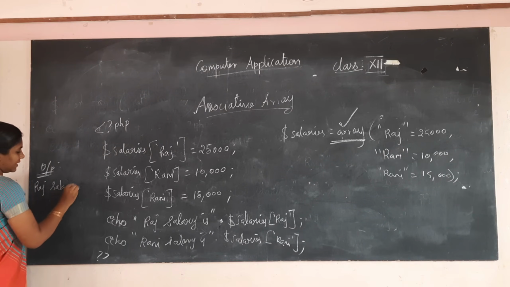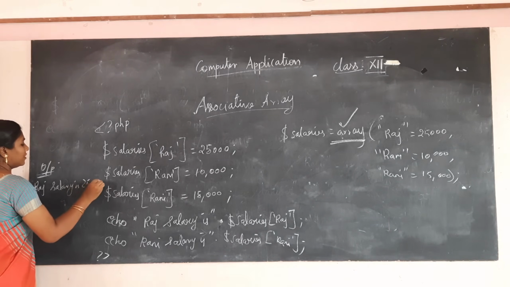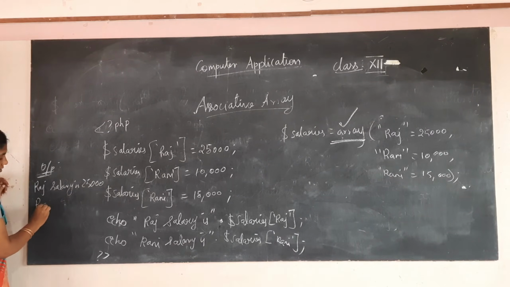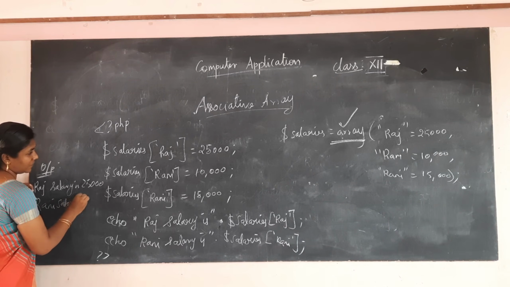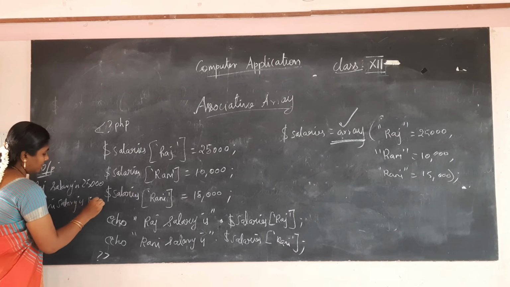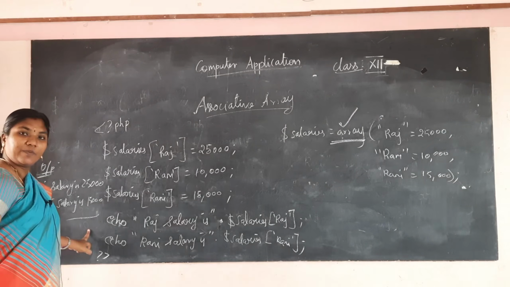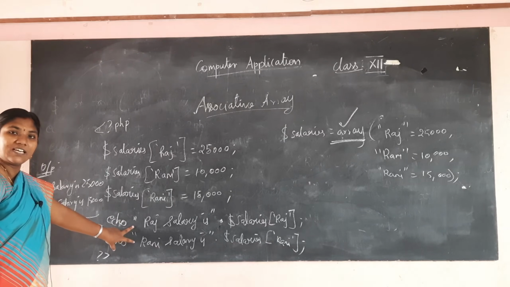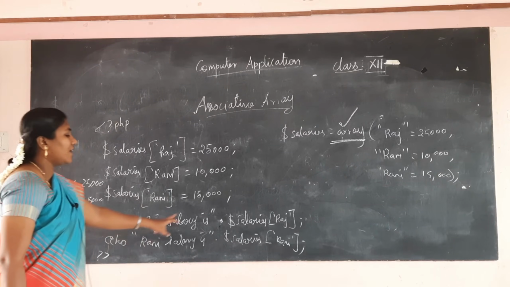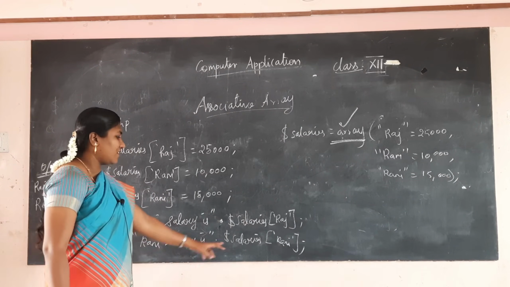Raj salary is 25,000. Again the second one, Rani salary is 15,000. The output will be the same because the two print statements are the same: echo Raj salary dot salaries of Raj, Rani salary dot salaries of Rani.